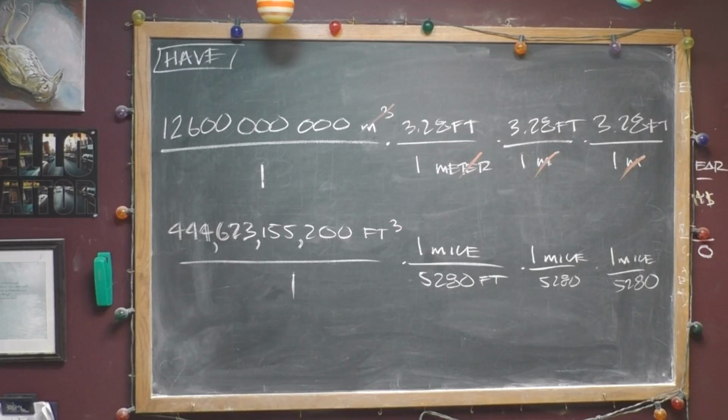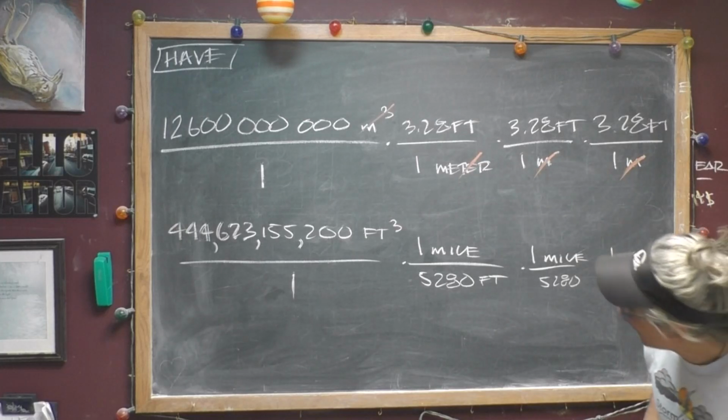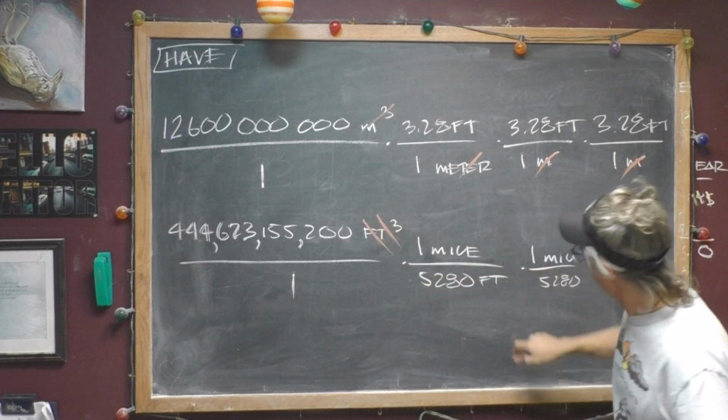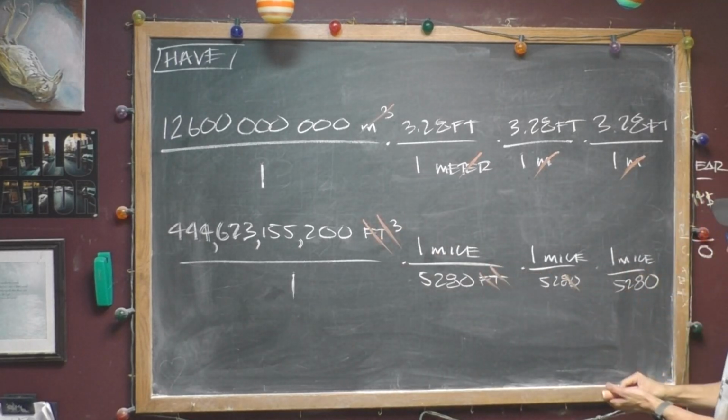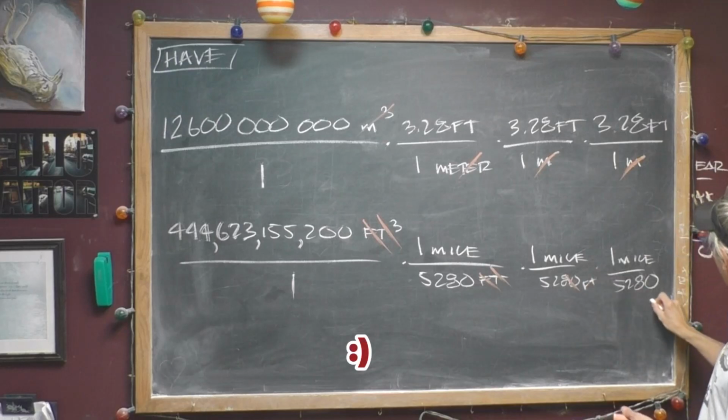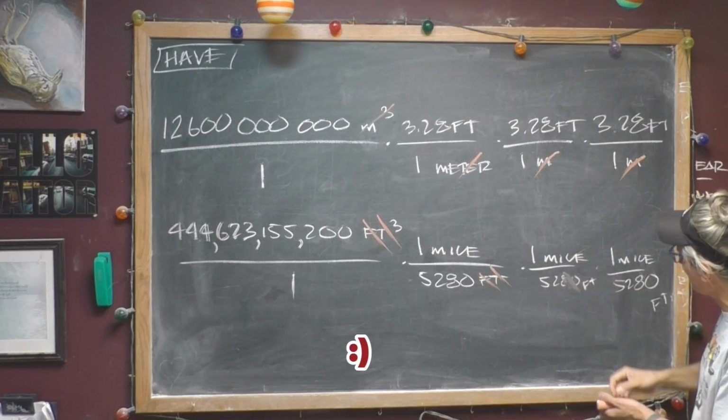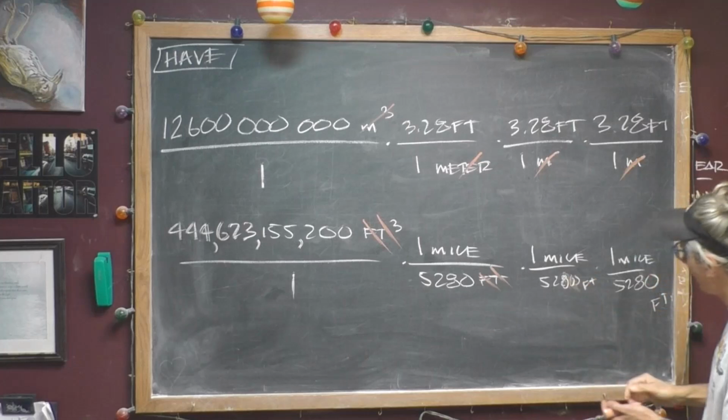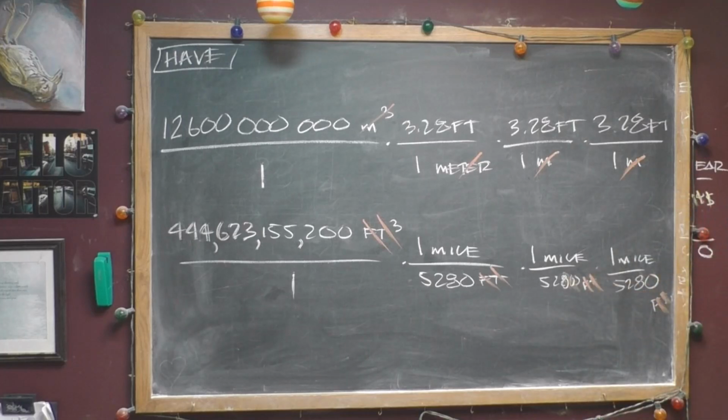That, my dear friends, is going to convert that number into cubic miles, because now we can divide off cubic feet. Whoops, I forgot to put feet down here. I'm so sorry. I'll put it in there now so I can cross it off. Don't cross off the number. I feel better if I cross the feet off. And I'm left with cubic miles.